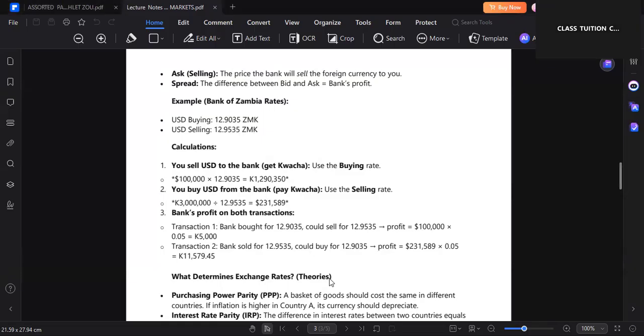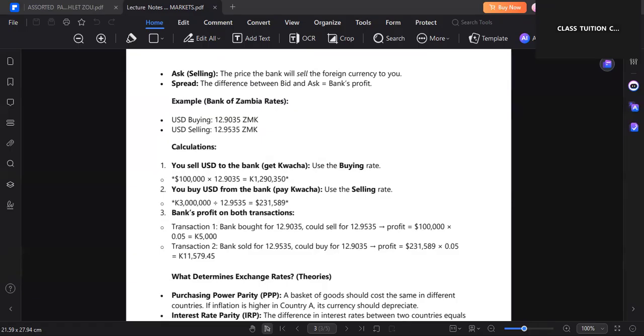Your calculation will be to divide the 3 million by 12.9535, and you're going to get 231,589.